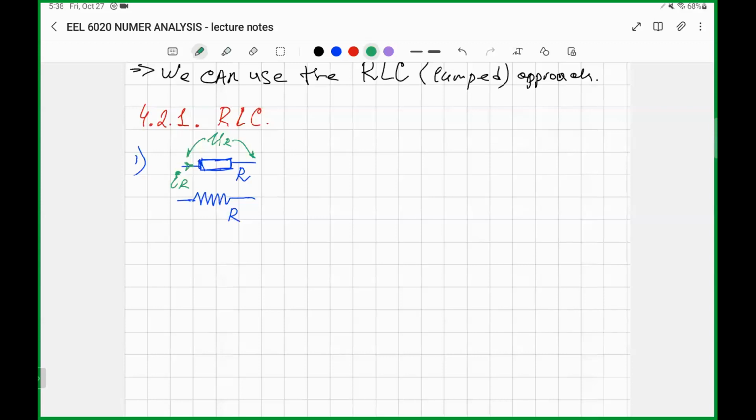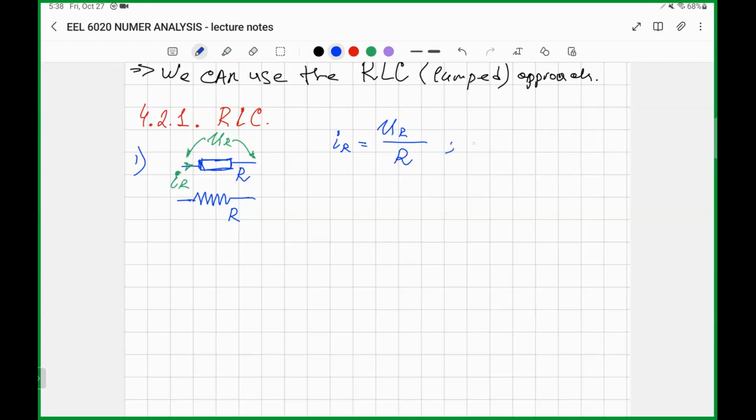For the resistor, we already know the formulas like Ohm's law, which states that the current in a circuit with resistance R is equal to the voltage drop across this resistor over the resistance of this part of the circuit.